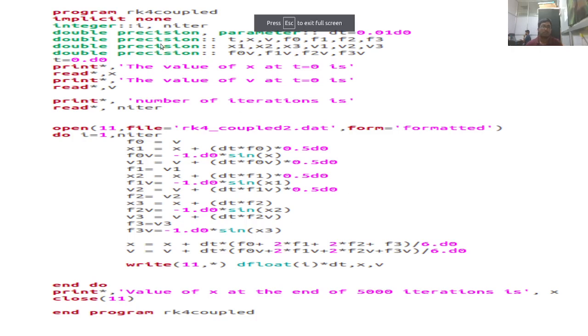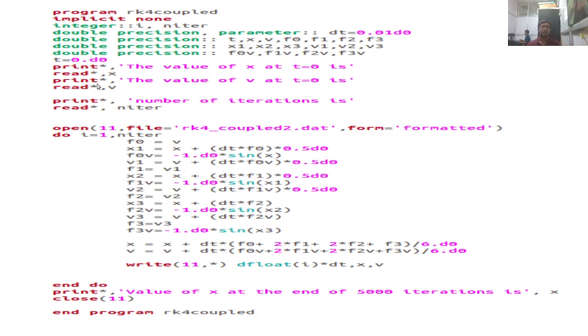Here is RK4 coupled, and I have defined f0, f1, f2, f3 for calculating the slopes in terms of x, and f0v, f1v, f2v, and f3v as the slopes for velocity.